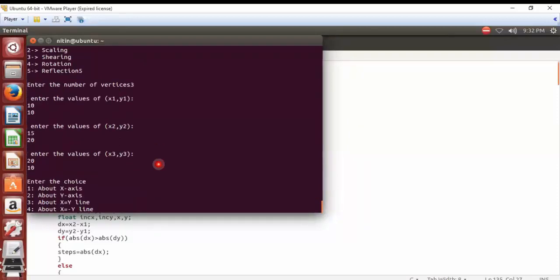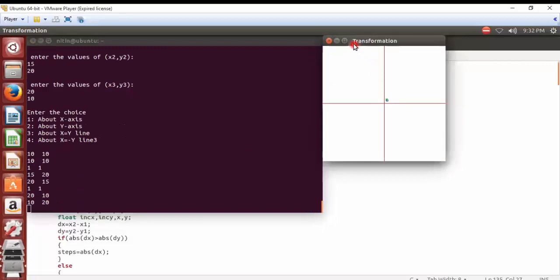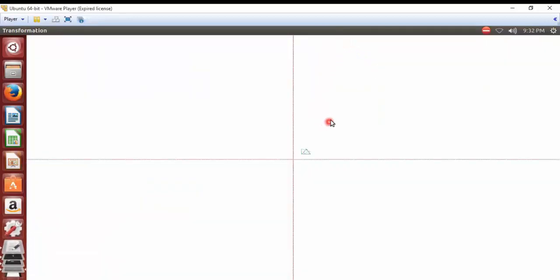Reflection about x equal to y line. This is the output of reflection about x equal to y line.